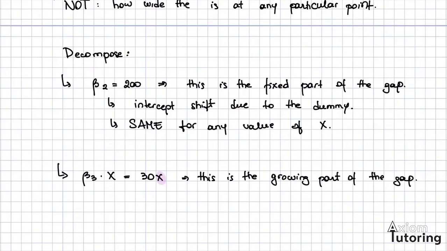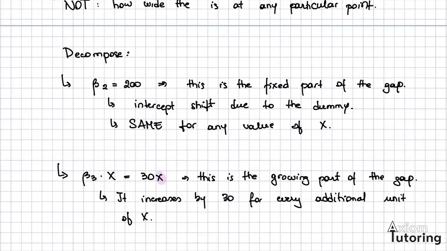Okay, and it increases by 30 for every additional unit of x. Okay, so this is where that beta 3 lives.